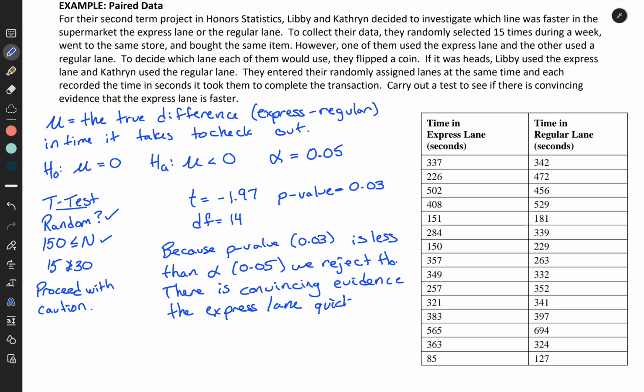Now, while we are able to do that, while the p-value is in fact less than the significance level, we have to be kind of careful. In this case, that p-value of 0.03 is fairly close to 0.05. And if we really look at it, the difference really is not all that great. It's not all that much quicker most of the time to take the express lane.